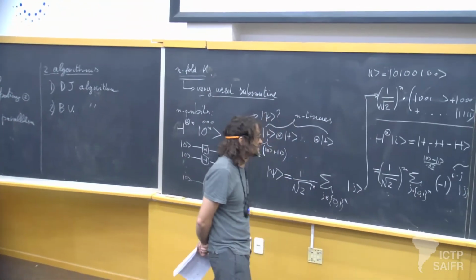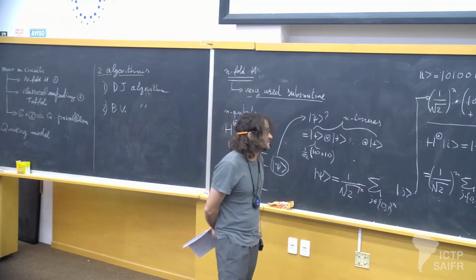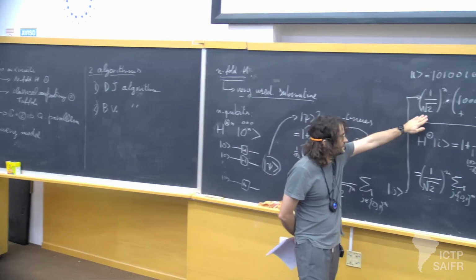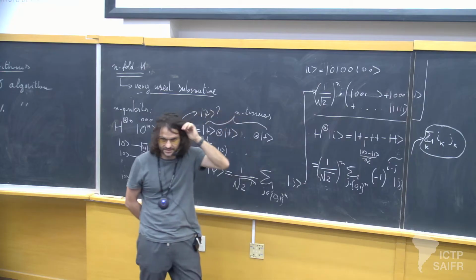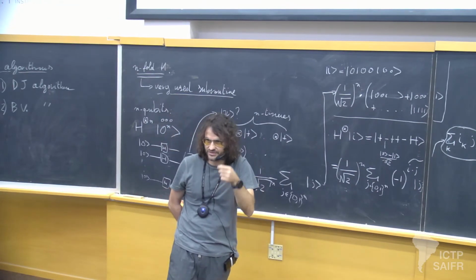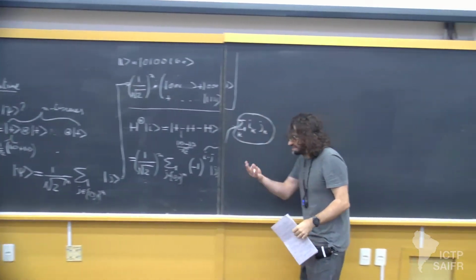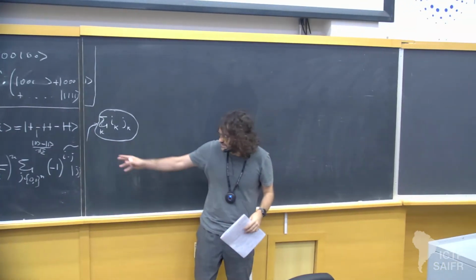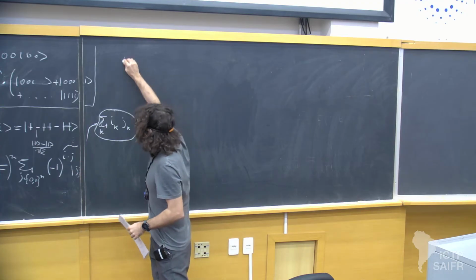Notice once again, let me stress the obvious, that if we were working with probabilities, this and this would be exactly the same, because we don't have the freedom to put some minus sign with probabilities. So once again, we see that the extra freedom that we get by quantumness is, in a sense, the presence of the various minus signs here and there.